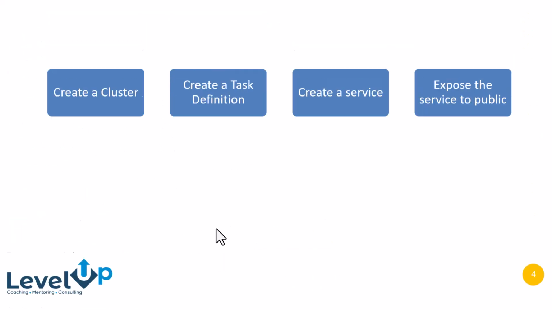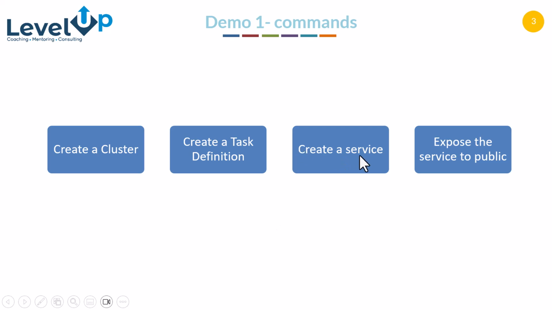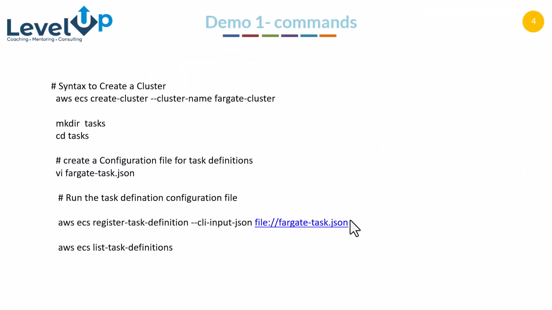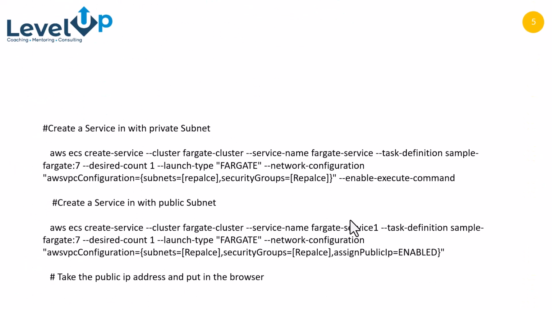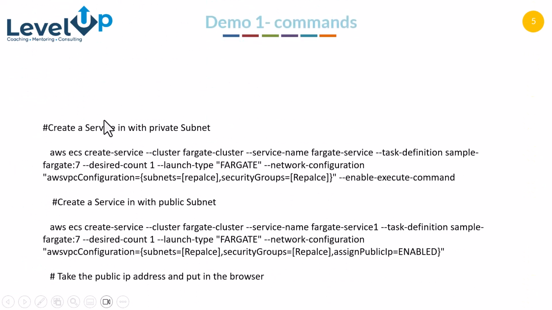Now according to our steps, we have to create a service and expose it to the public. To create a service, we have a very simple command, create-service. We can do this in two ways: we can create a service that is private, and we can also create a service that is public. I'll explain this command when we are executing it, but basically it is create-service.